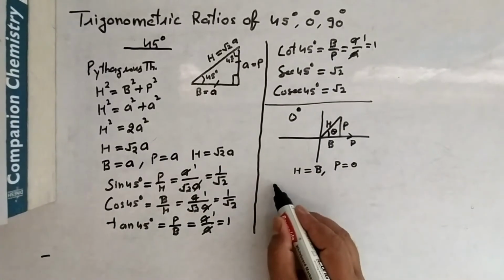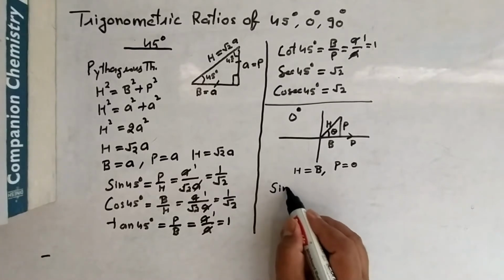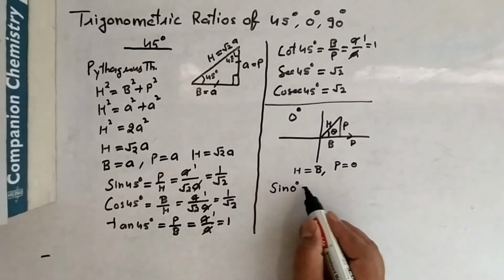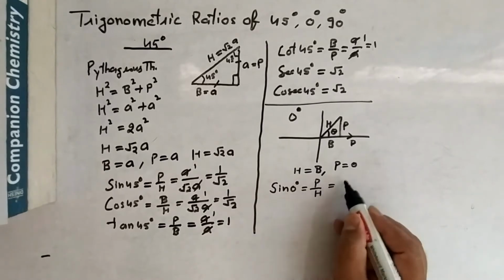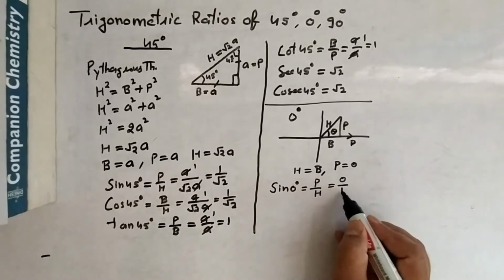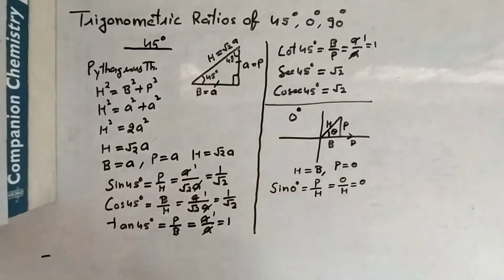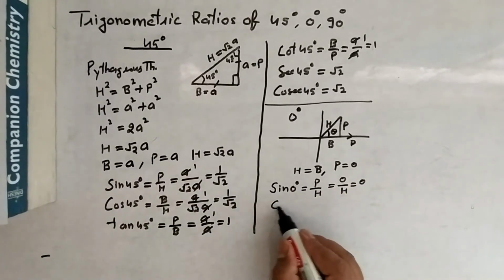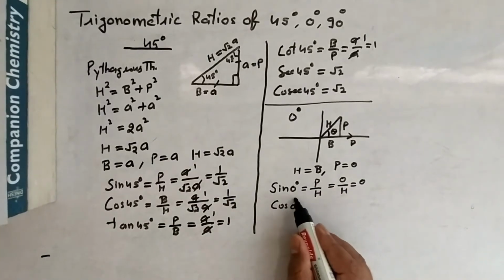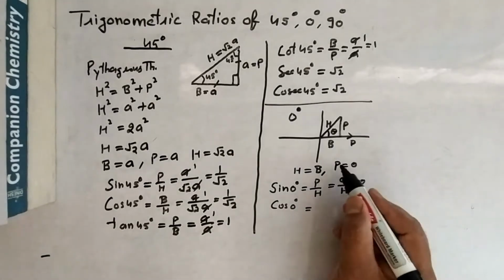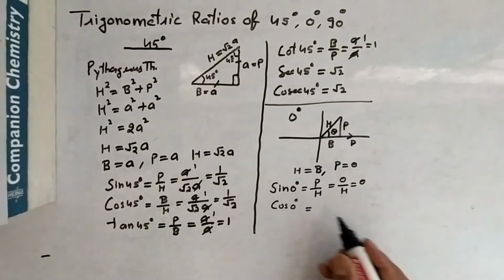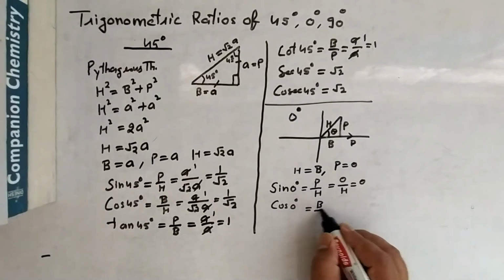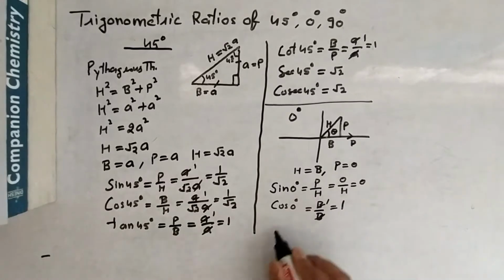Now you are trying to find sine 0 degrees. Sine 0 degrees is perpendicular over hypotenuse. So here 0 divided by hypotenuse, you get 0. Now cos 0 is base over hypotenuse. Since the hypotenuse coincided with base, you get base upon base, cancel out and you get 1.